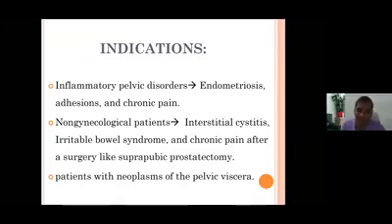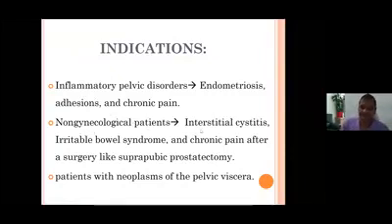Then, what are the indications? The indications are mainly both non-malignant as well as malignant conditions. In non-malignant conditions, there are inflammatory conditions, endometriosis, adhesions, chronic frozen pelvis. This is the main indication.